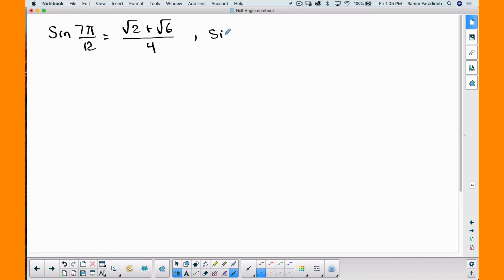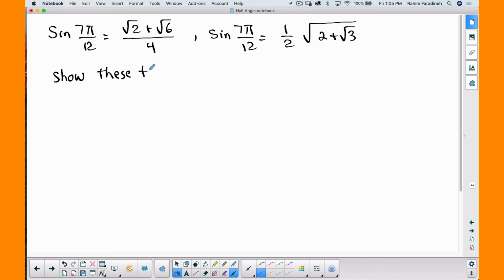Also, we can show that sine of 7 pi over 12 is 1/2 times the square root of 2 plus radical 3. So we want to show that these two answers are equal.